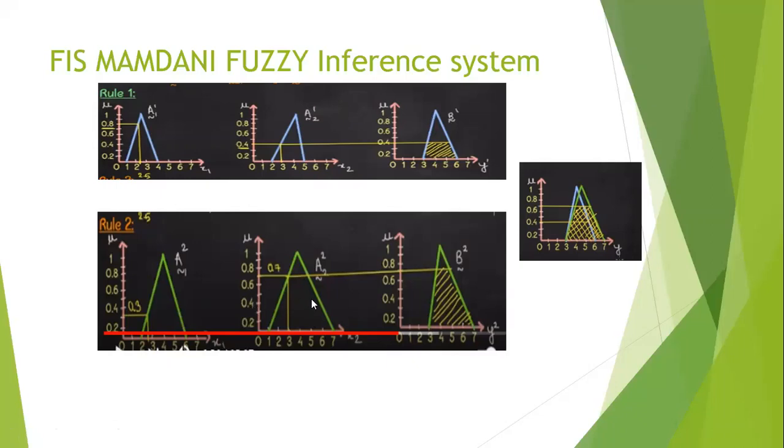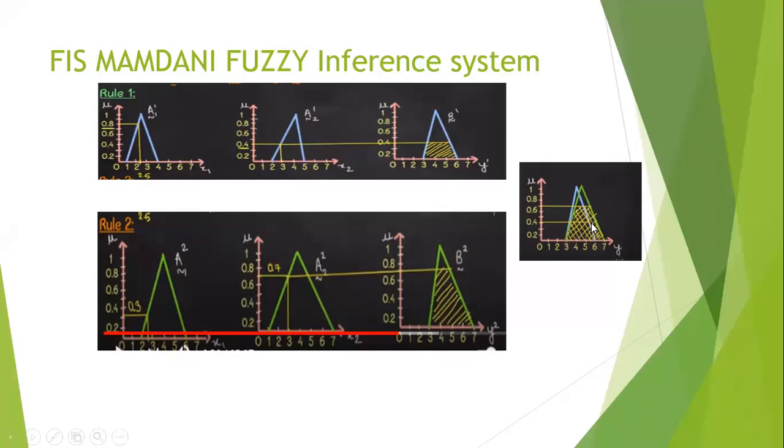Pertaining to OR operator, we are considering maximum membership function value. Mapping the maximum membership function value, this shaded region is your output B2. So finally, you need to go for the region of intersection with these two B1 and B2 shaded areas. Maximum shaded area you need to consider again.